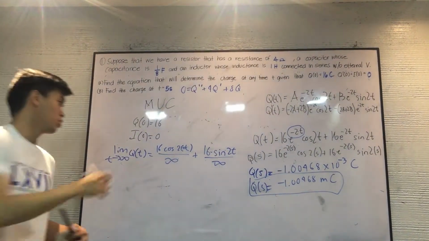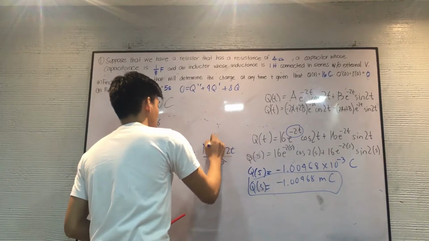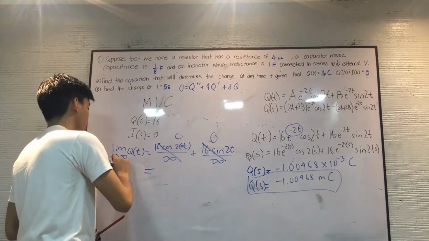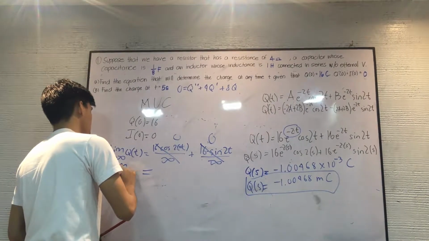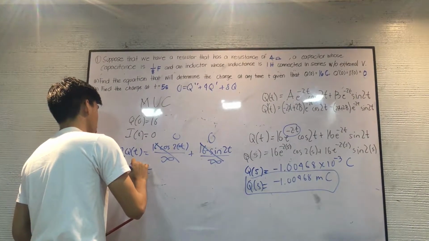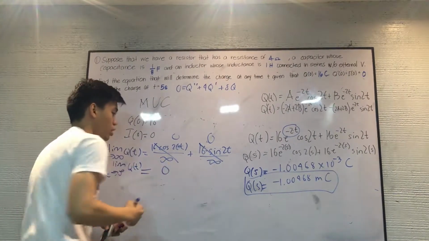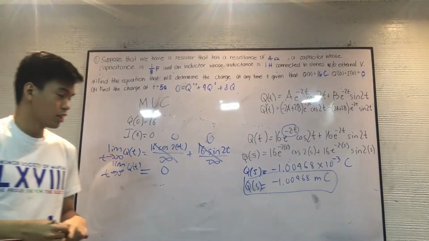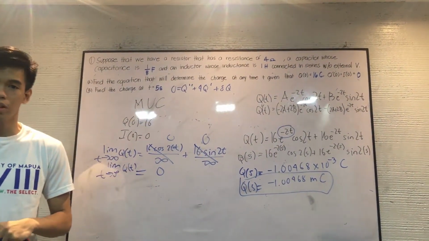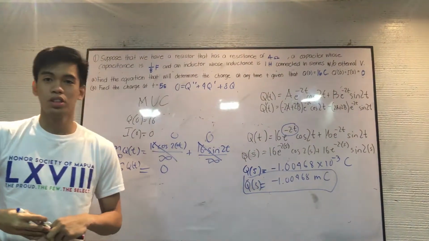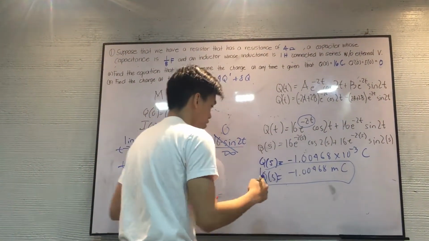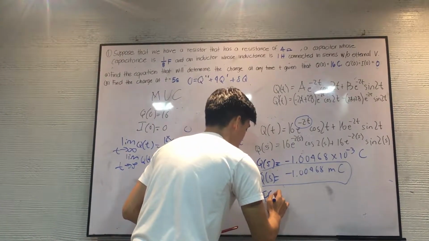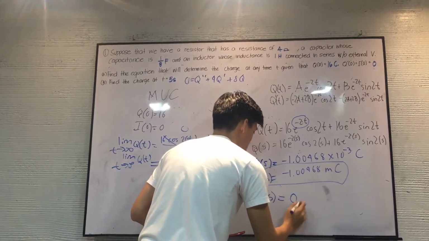Anything over infinity is equal to 0. So the limit of the charge using this equation is equal to 0. Thus anything that is negative, with values below 0, is considered not a charge. So since we have a negative here, q is equal to 0.